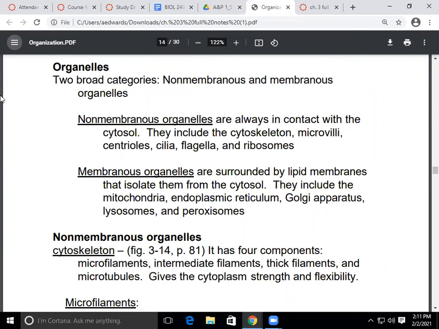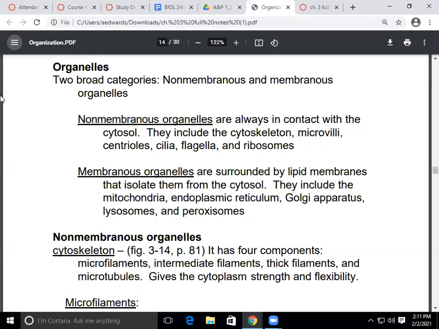Let's go on to organelles, because they're in the cytoplasm. They can be membranous or non-membranous. Non-membranous organelles don't have a membrane, so they're directly in contact with the cytosol. Things like ribosomes, flagella, cilia, centrioles, microvilli, and the cytoskeleton are in direct contact with the cytosol.